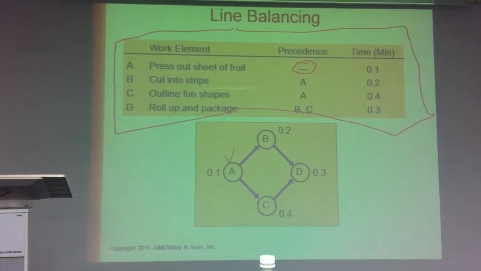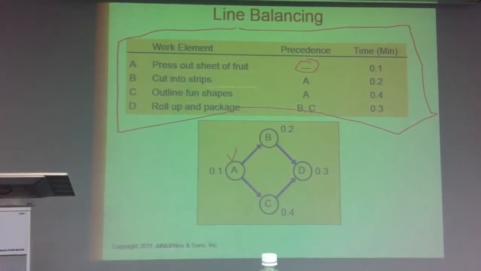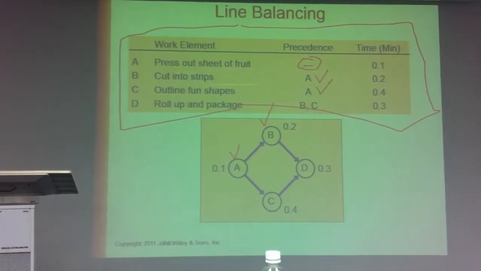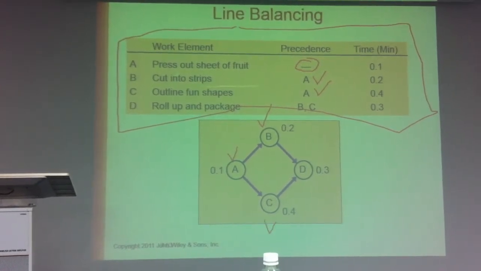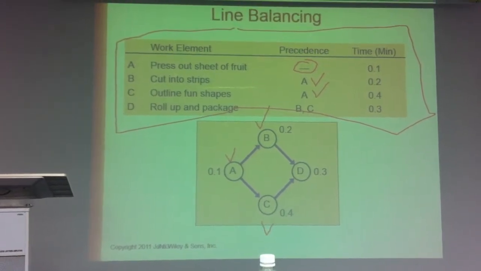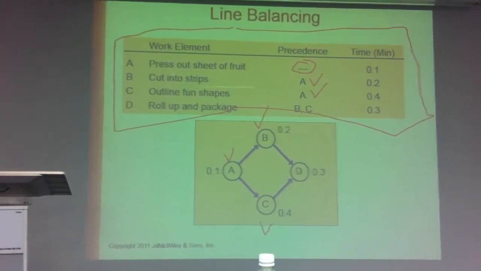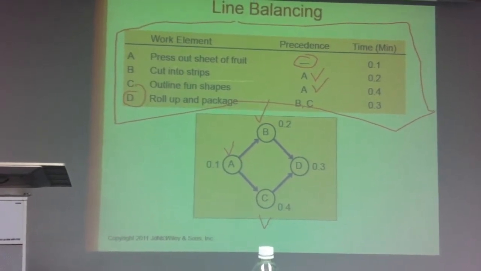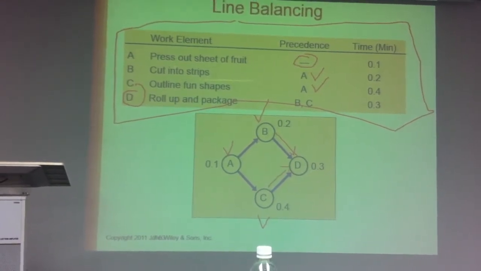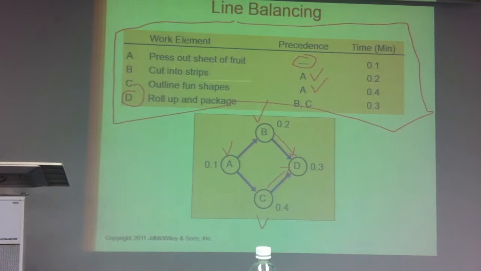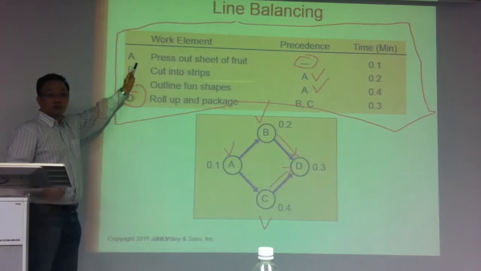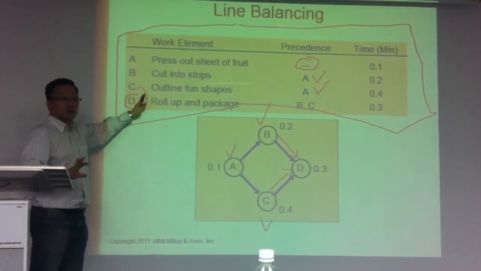Next, to do B, you must do A. So you draw B here, after A. C, after A, you draw C. D, to do D, we must do B and C. Therefore, B and C will give us D. First step, draw the diagram according to the information. Any question? How to draw the diagram?